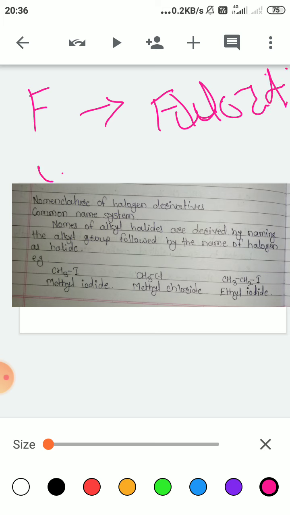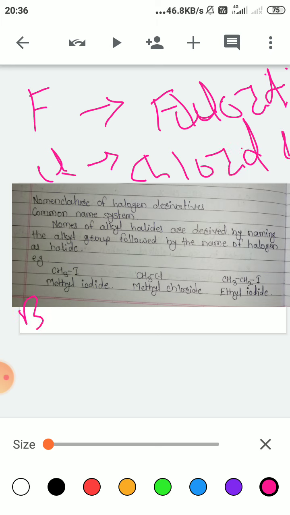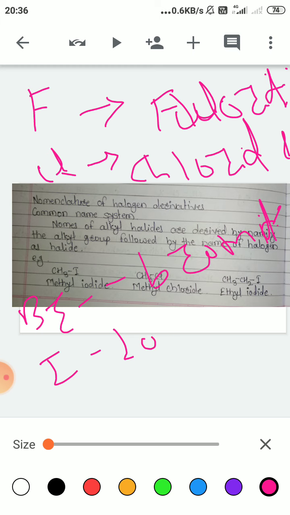If Cl, chlorine, is there, we write chloride. If bromine, Br, is there, we write bromide. If iodine is there, we write iodide. In this way the alkyl group is followed by the name of the halogen as halide.